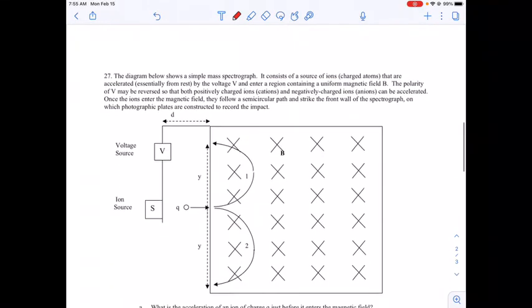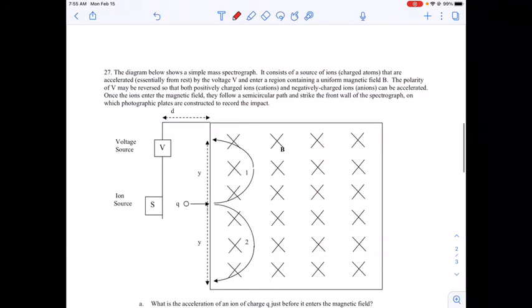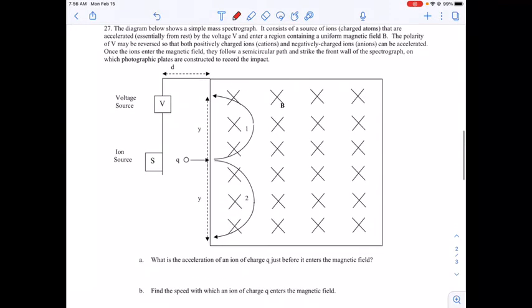Let's try another one. These are both inexplicably numbered 27. Sorry about that. The diagram below shows a simple mass spectrograph.